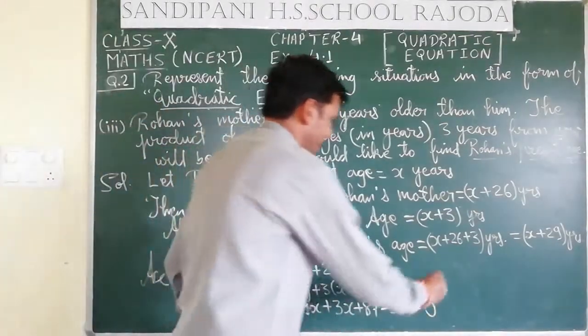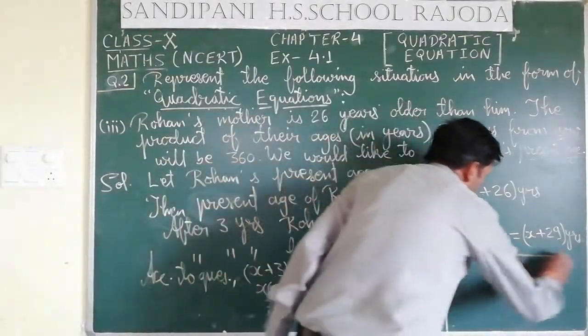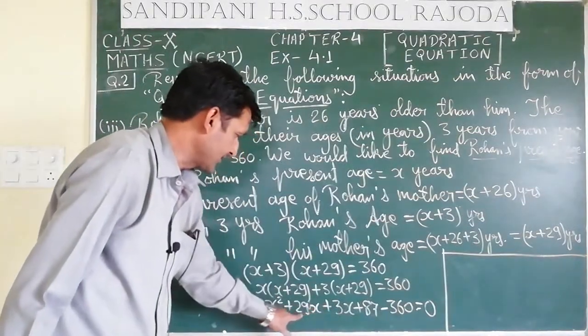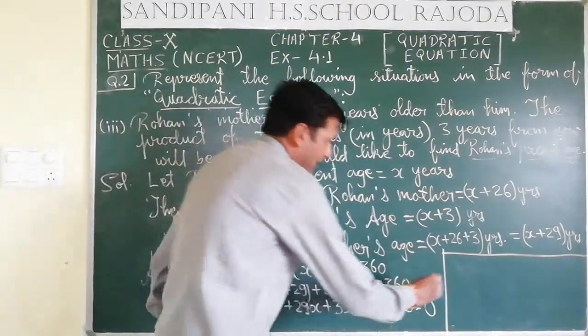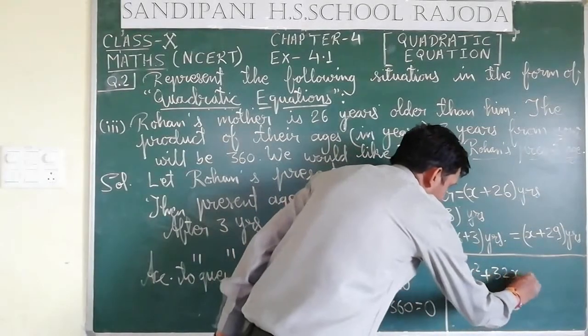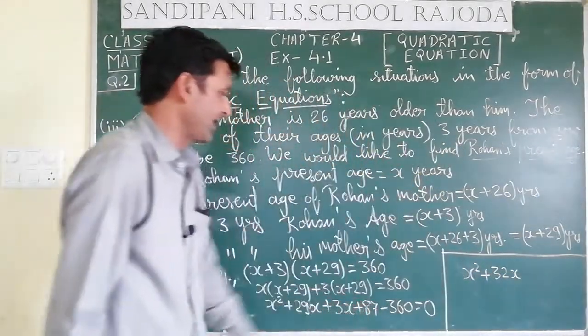Now later this equation what it will become? See, x square plus 29 plus 3 is 32. So x square plus 32x and 360 minus 87.